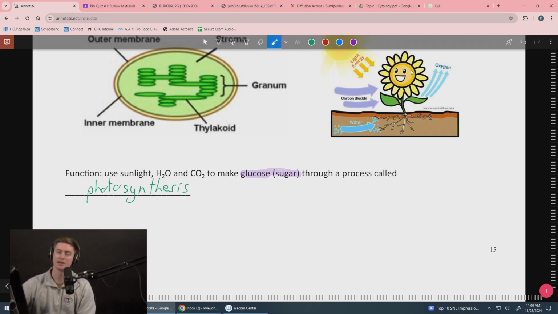Here's the diagram. Carbon dioxide and water enter. The plant uses light energy to create glucose inside the plant, which is not on this diagram. So that's probably important. Inside the leaf here, I'm just going to color this leaf purple, and I'm going to say glucose is made.